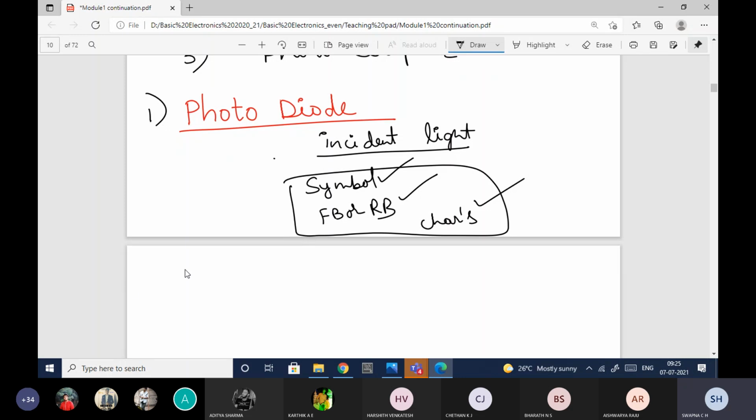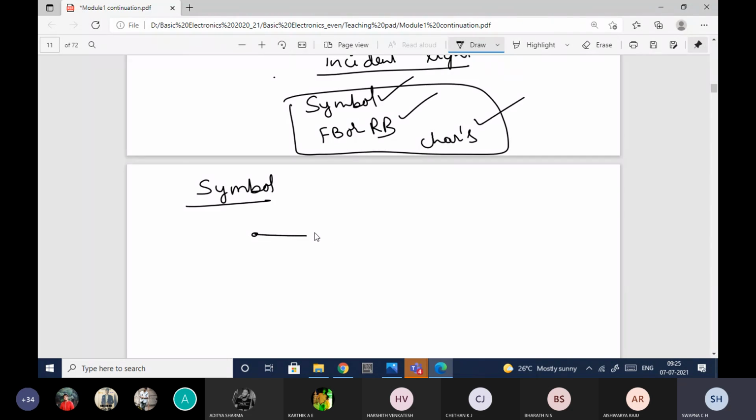So first let me give you the symbol of photodiode. Its symbol will be the same as your normal PN junction diode. This is your anode, this is your cathode, or this is your P and this is your N. But what is the difference? As I mentioned, this semiconductor diode will work on the principle of incident light.